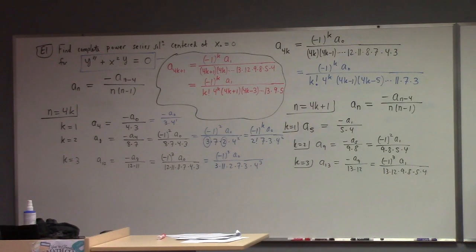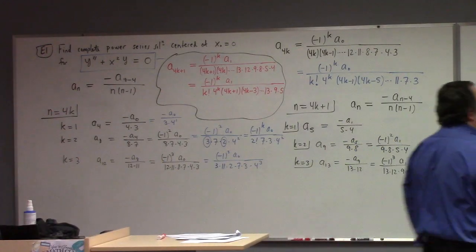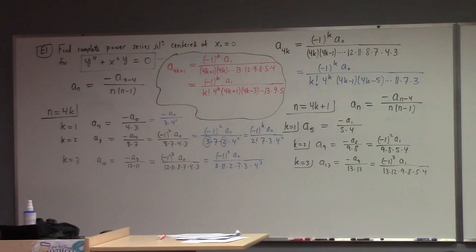And on down the line until finally we get to 13, 9, and 5. That's your coefficient, and the monomial that comes with it is x to the 4k plus 1.